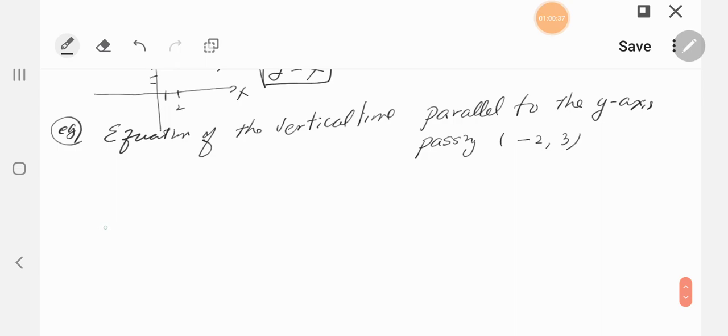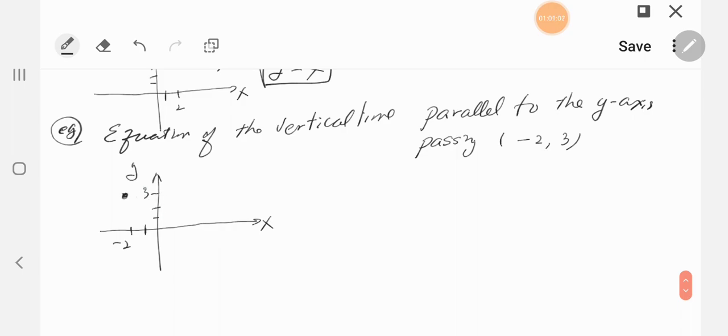Let's draw a diagram so that we can find x and y easily. This is the y-axis, and the parallel vertical line is passing through -2 and 3.